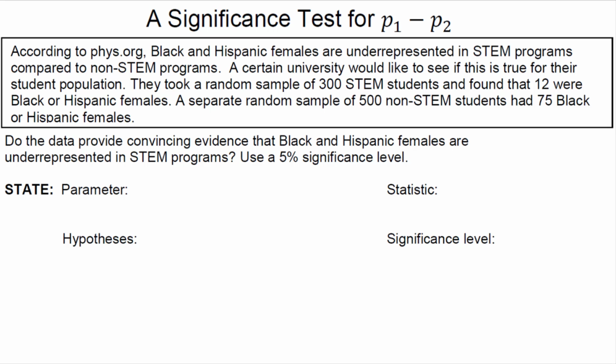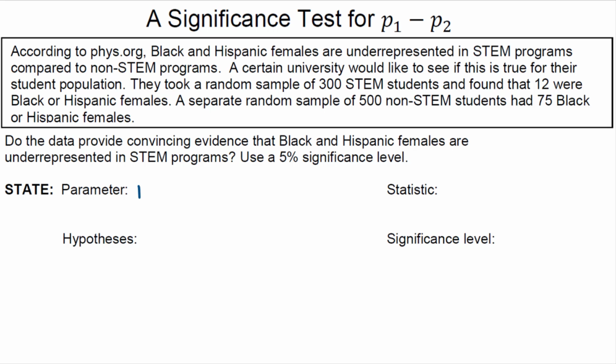So to talk about this in our state part, we talk about a parameter. Remember, our parameter is talking about the overall, in this case, P1 minus P2, right? We're talking about a difference in proportions because they gave us a sample size and the amount that were Black or Hispanic from each of those sample sizes. So we'd have a proportion.